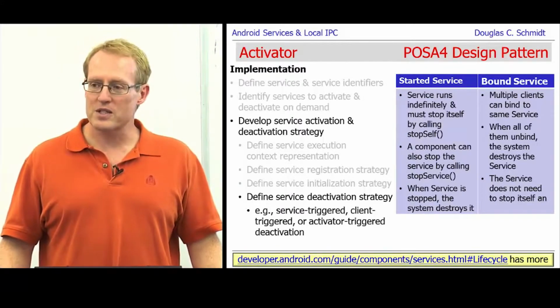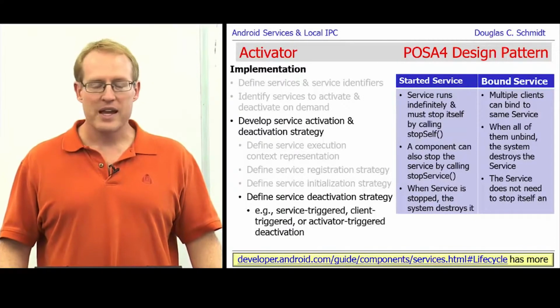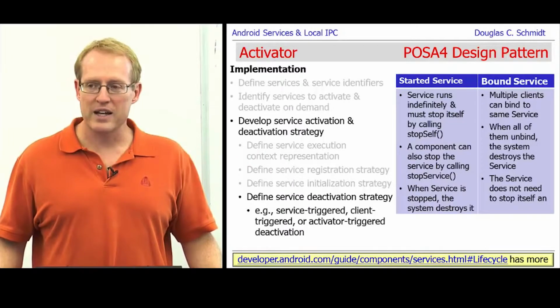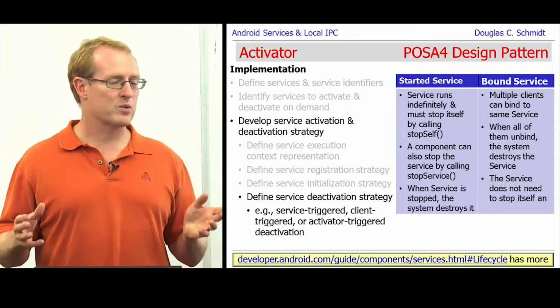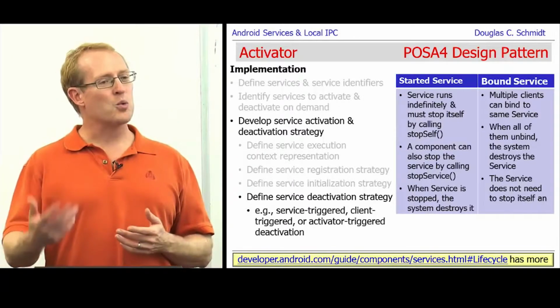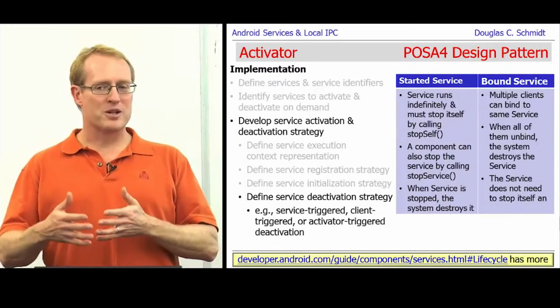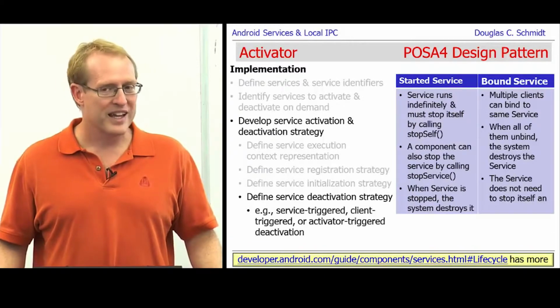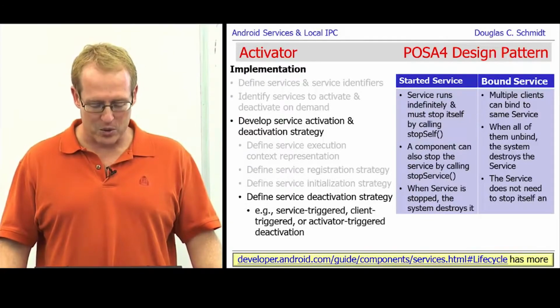With bound services, typically the way things work is that multiple clients can connect to the service, and as long as some of them or one of them is available and has a binding open to that service, the service will remain in memory. And we'll see some interesting sort of hybrid approaches in a minute when I show you some of the implementation code that appears in Android, how they deal with some of these issues. It's kind of cool.